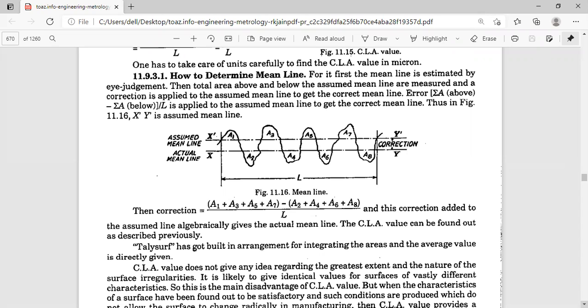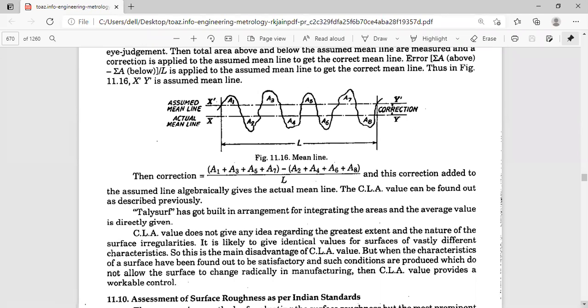You can get all the calculations, just like an inbuilt stabilizer for the washing machine, the AC or the fridge. It integrates the areas, and the average value is given directly instead of calculating manually.